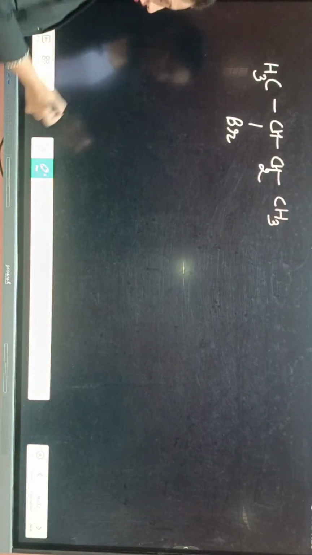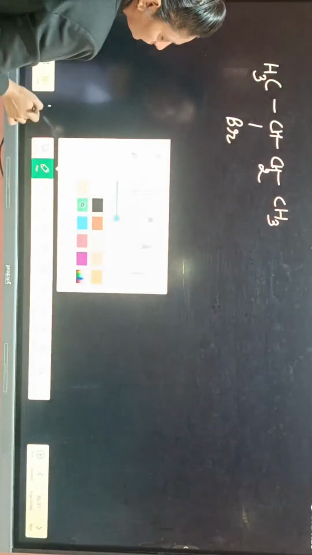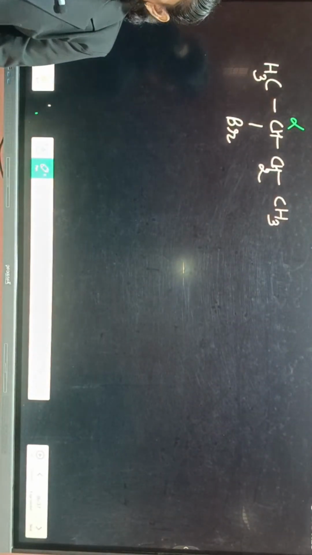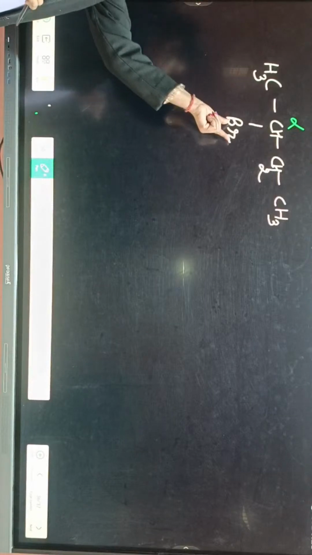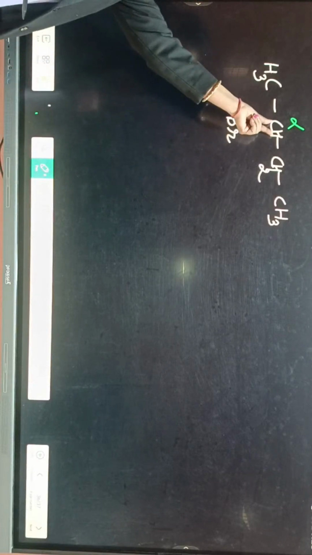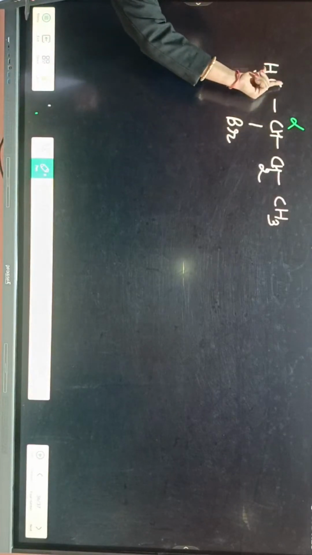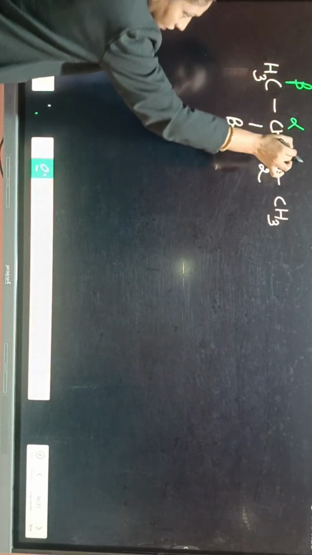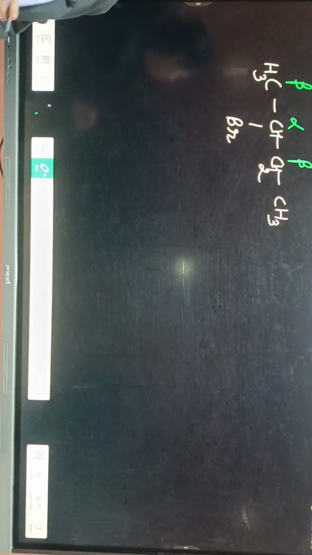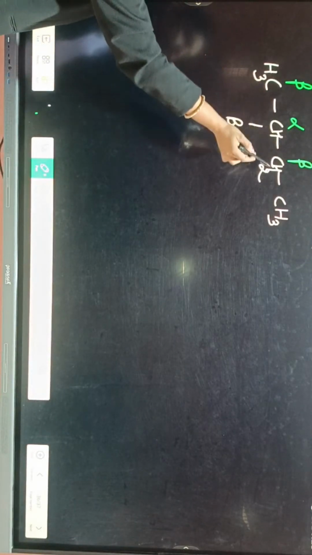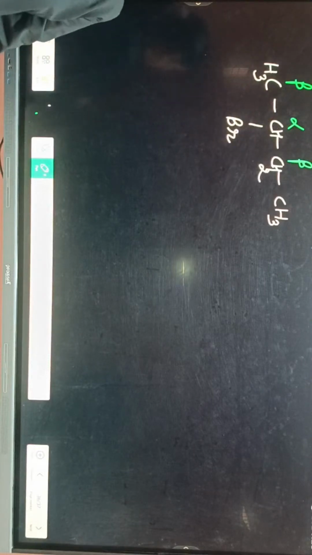Here, this one is the alpha carbon, because the halogen group is attached to this one. And the adjacent carbons to this one are known as beta. So this is a beta carbon, and this one is also a beta carbon. Clear? And hydrogens attached to beta carbons are known as beta hydrogens.